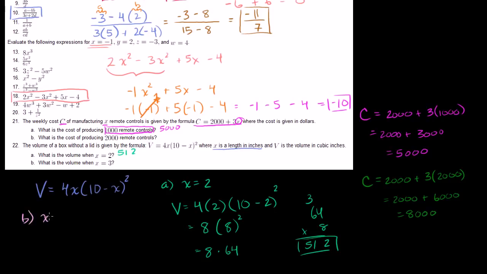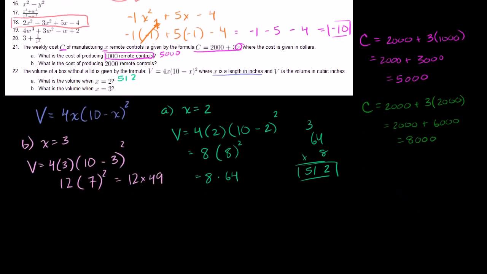B, when x is equal to 3, then the volume is equal to 4 times 3, x is equal to 3 now, times 10 minus 3 squared. 4 times 3 is 12, times 10 minus 3 is 7 squared. So it's equal to 12 times 49. And just to get the exact answer, let's multiply that.